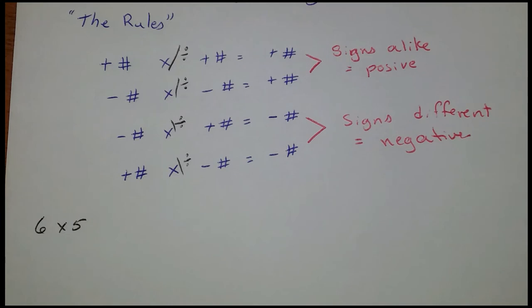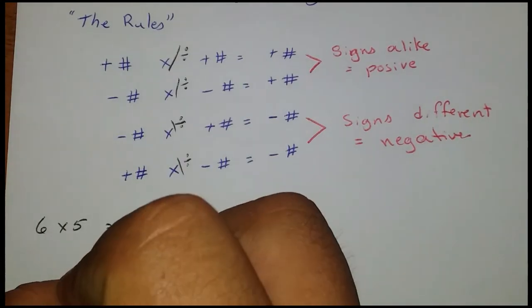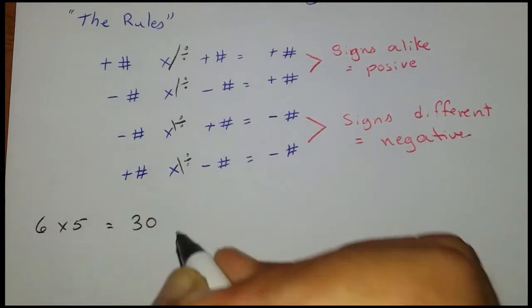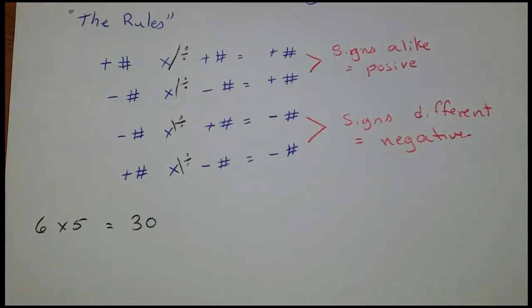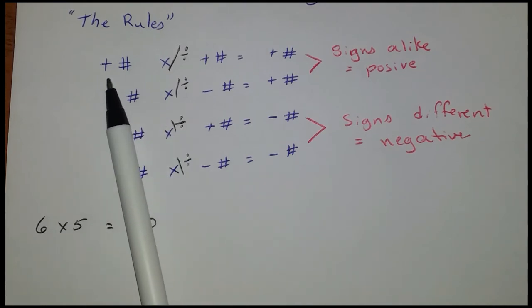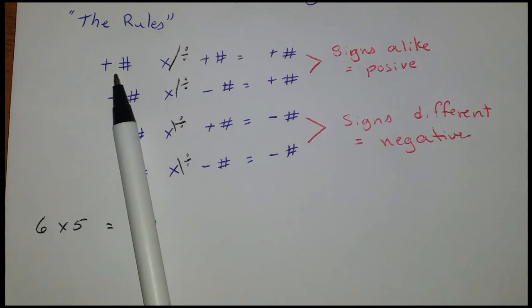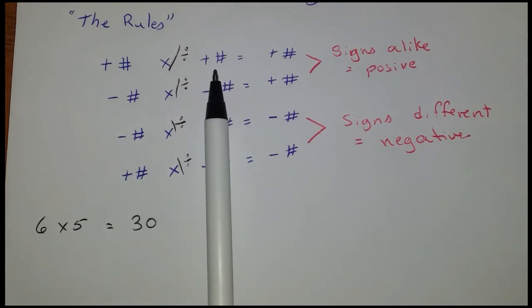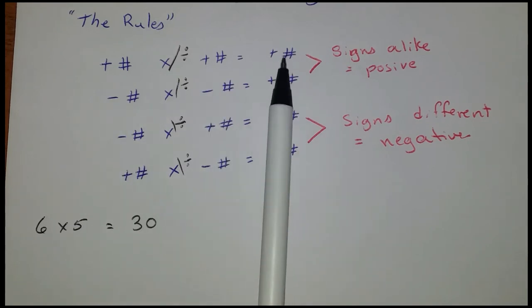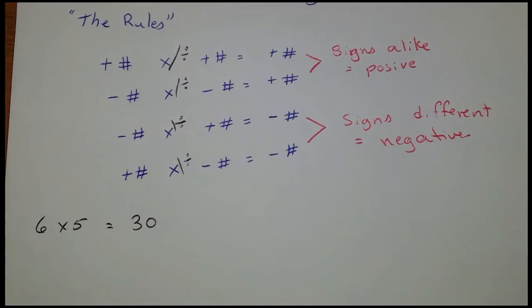This is the regular multiplication that you guys know of. 6 times 5, my answer is 30. And it is positive because the rule says if you have a positive number, which is the 6, times a positive number, which is the 5, your answer should be a positive number, which is the 30. And we know that for the positive, we do not need to put the positive sign there.